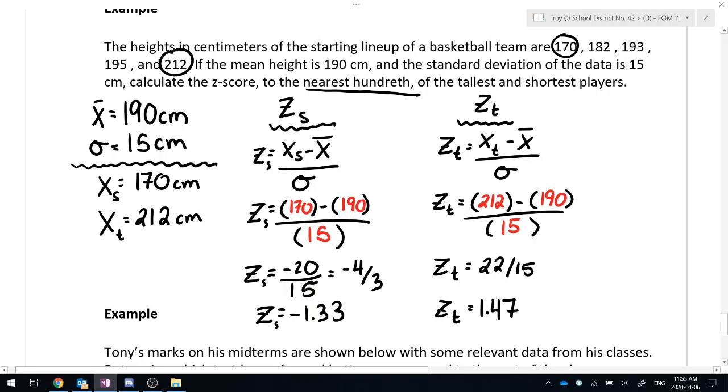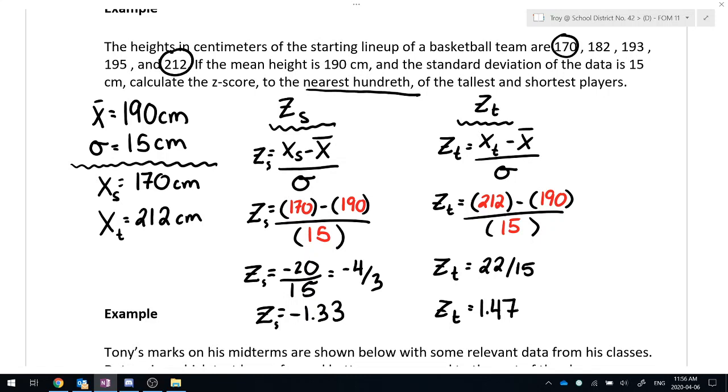Okay, so those would be the corresponding z-scores. So the value of the 170 centimeter player was 170, obviously, but the corresponding z-score to the 170 data point is negative 1.33, and the corresponding z-score to the data point of 212 is 1.47.